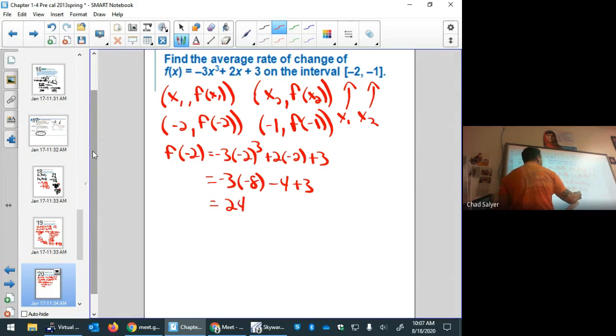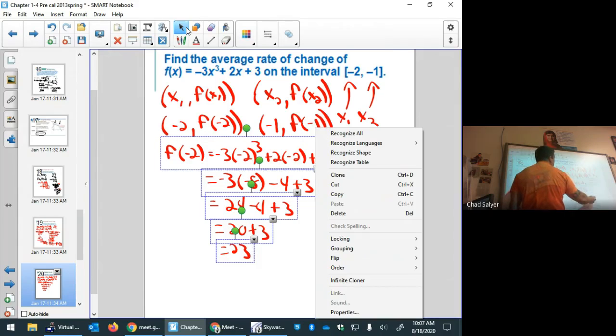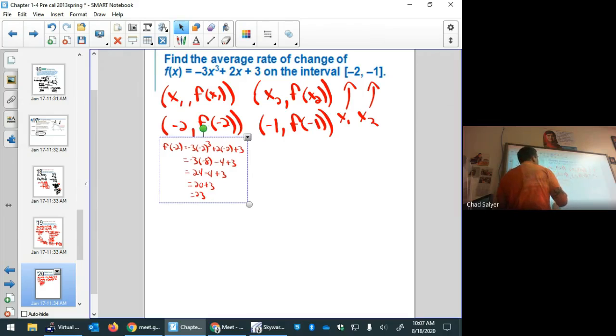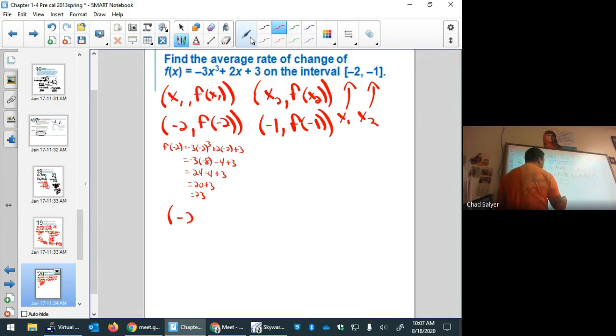So that's positive 24 minus 4 plus 3. So that's 20 plus 3, or 23. So our point here is going to be negative 2 comma 23.